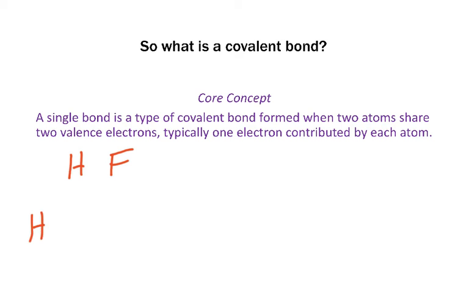And if you remember that H has 1 electron, we could draw it like a dot like this. Fluorine is in group 7A, and it has 7 valence electrons. So sometimes you'll see this notation with dots, like a dot symbol.